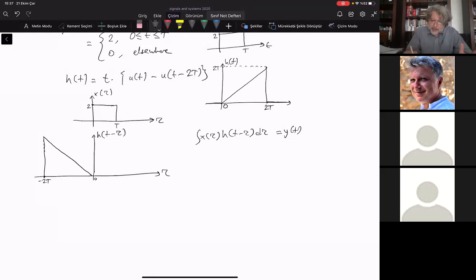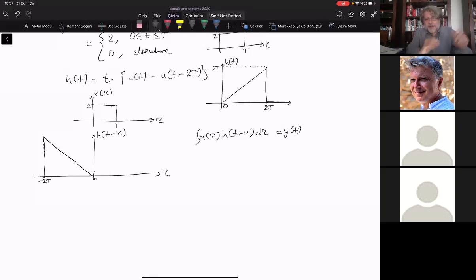First things first, when t is equal to 0, this is the starting point of y of t, because if I make t less than 0, it means I am further pushing this triangular shape to the left-hand side, and x of tau and h of t minus tau do not overlap. Nothing, okay? And since they don't overlap, it means y of t is 0.